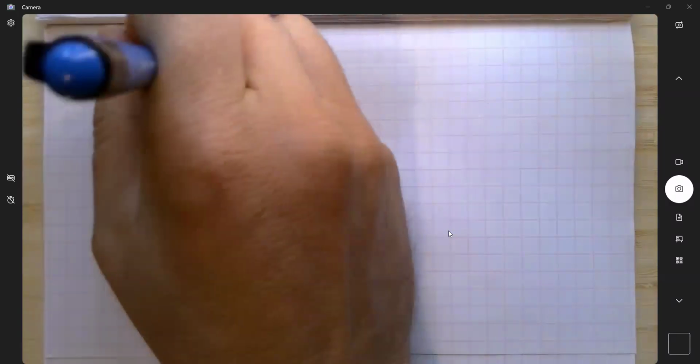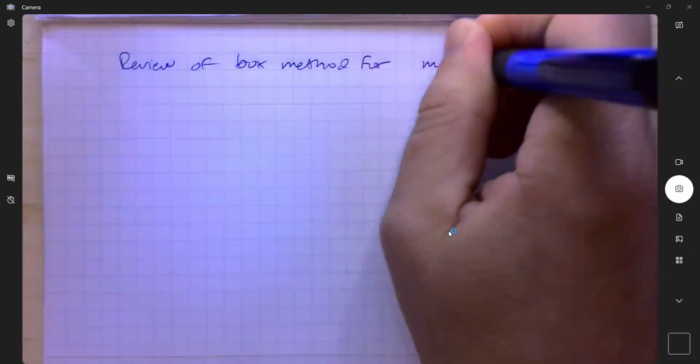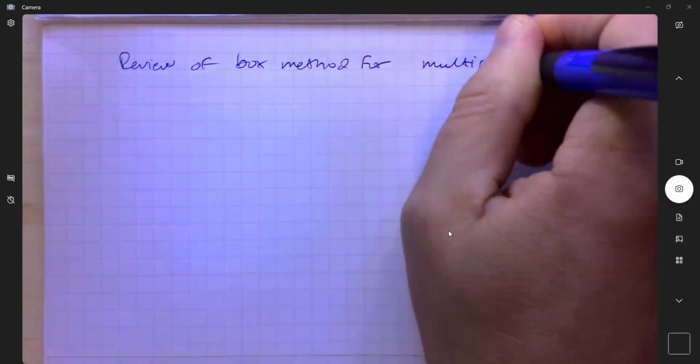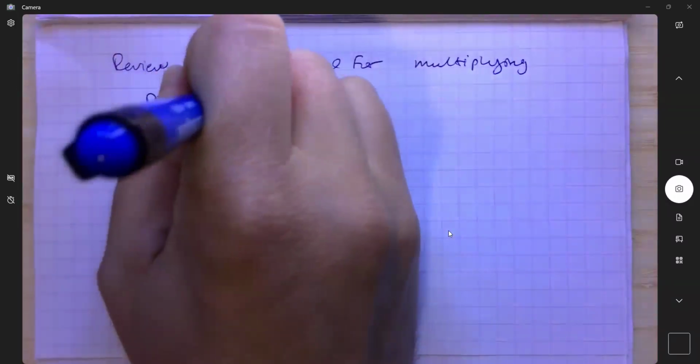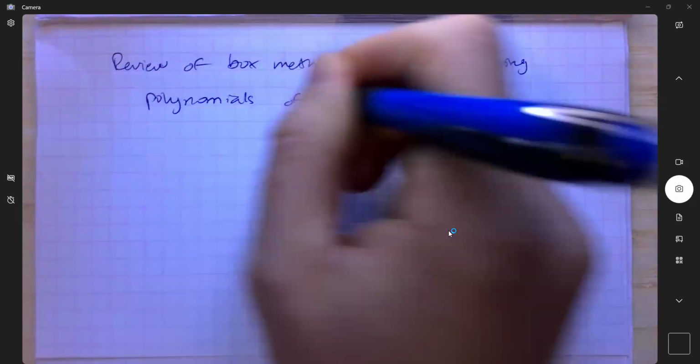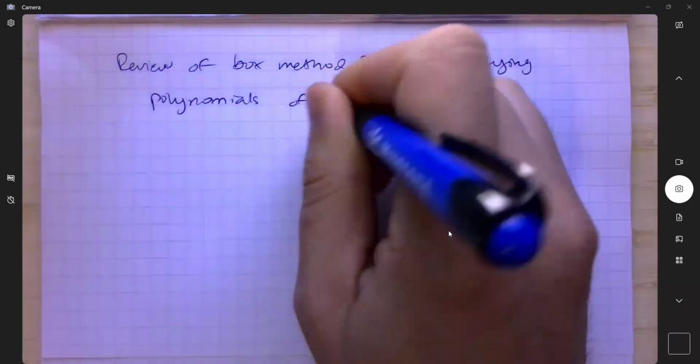So let's do a review of the box method for multiplying polynomials.